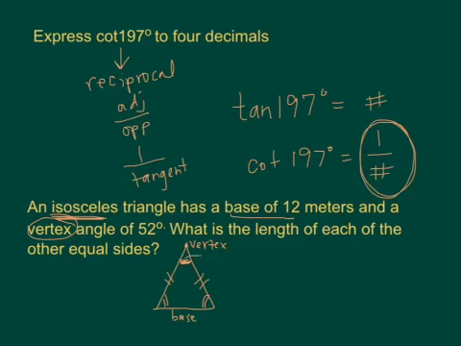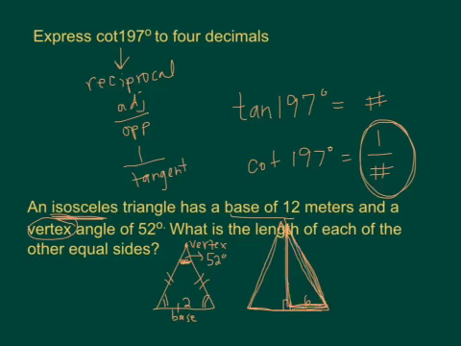But here we go back to the problem. 52 degrees is the vertex angle, and we know the base is 12 meters. So to find the length of the other two sides, this is definitely not a time to use Pythagorean's theorem, because it's not a right triangle yet. However, if I dissect it, cut it, and this really only works with isosceles triangles, that's why that had to be given to us. Over here on the right or left, we have congruent triangles.